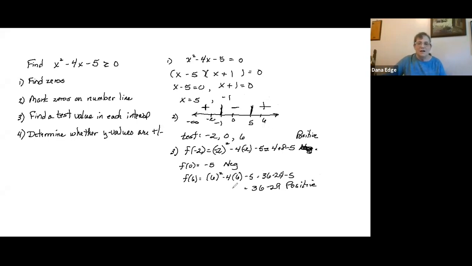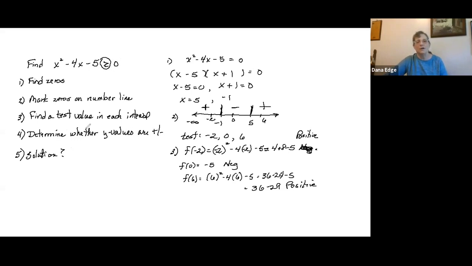Now, up to this point, I would work this exactly the same way, regardless of what this sign is. But now, in order to determine what the solutions are, I have to come back up here and say, okay, it has to be greater than or equal to 0.